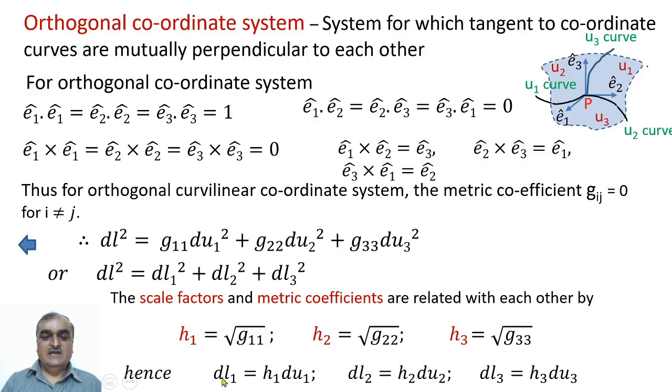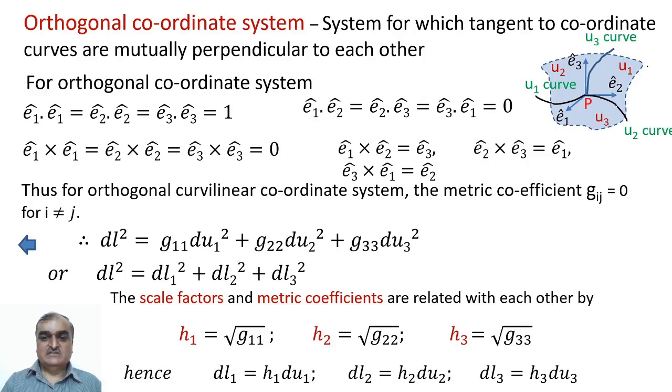Hence, the magnitude of length element along u1 is dl1 is equal to h1 du1, along u2 dl2 is equal to h2 du2, and along u3 dl3 is equal to h3 du3. These are the scale factors and the length element in orthogonal curvilinear coordinate system.